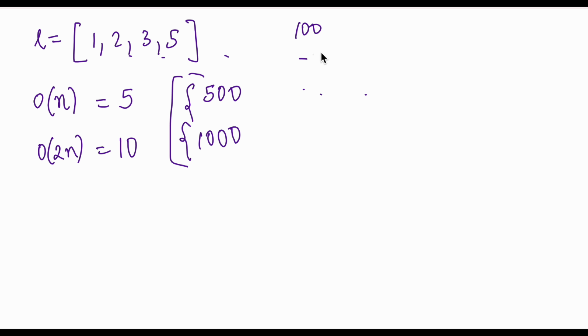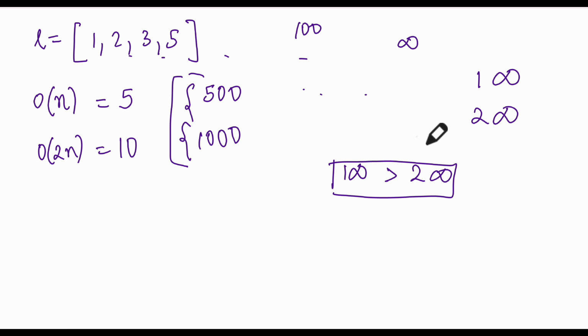Let's say this data size increases to infinity. When this data set increases to infinity, for the number of operations, 1 infinity and 2 infinity, there's no such concept. You never say that 1 infinity is greater than 2 infinity, right? This type of concept does not exist. So this is what we apply here: the constant in front of your n has no value, so you always drop it.